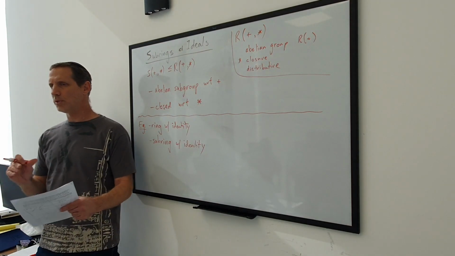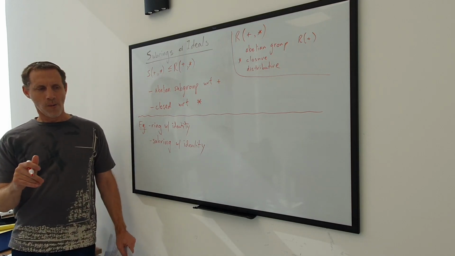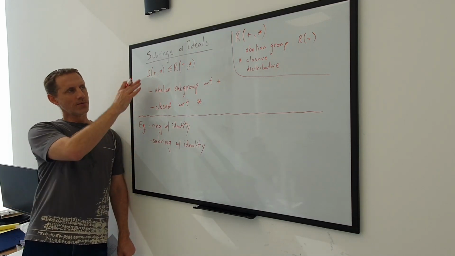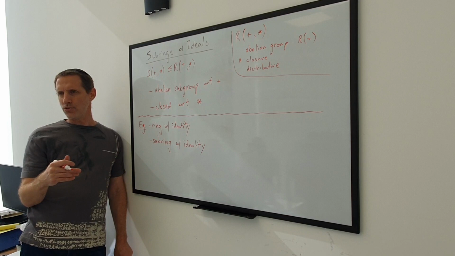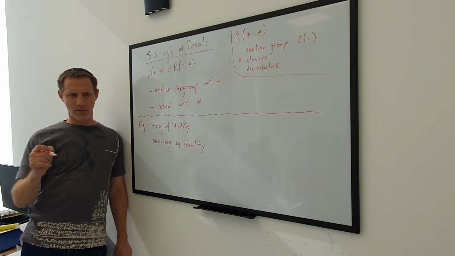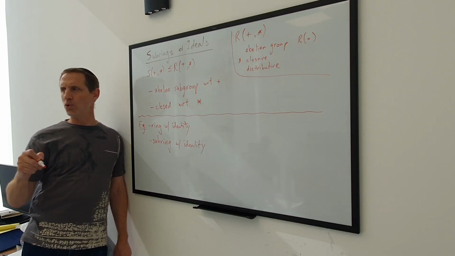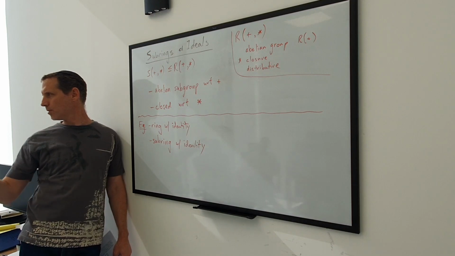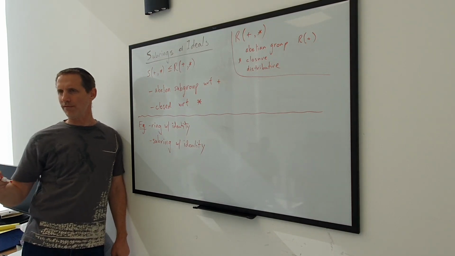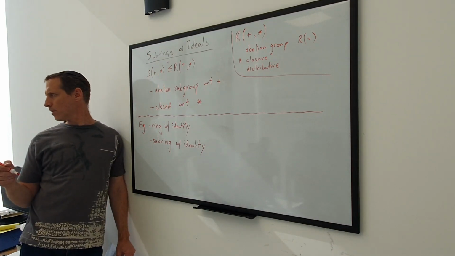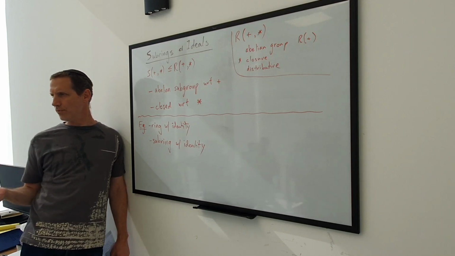It's just the terminology that we use, because the whole reason that we're going through this is eventually to get to quotient rings, which are similar to quotient groups, and then we'll have the first isomorphism theorem for rings.